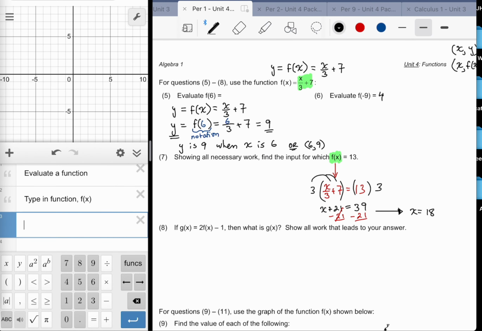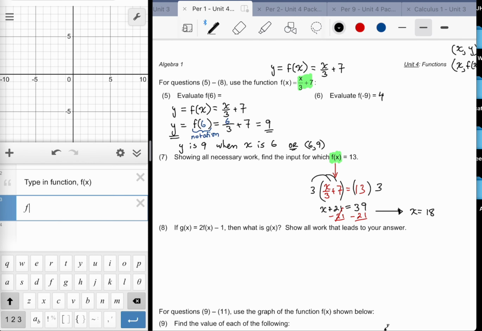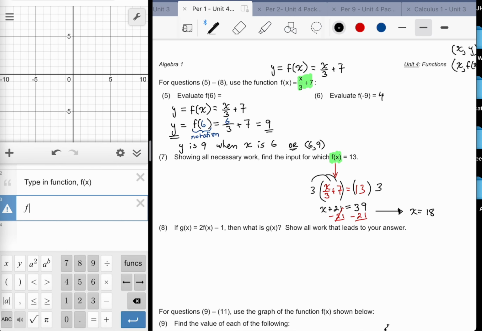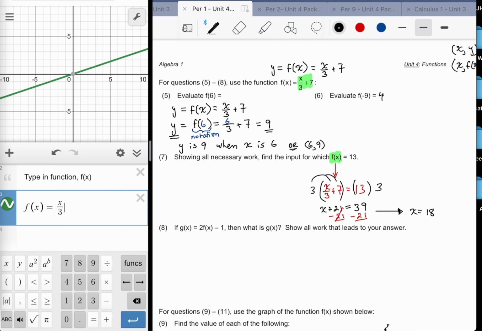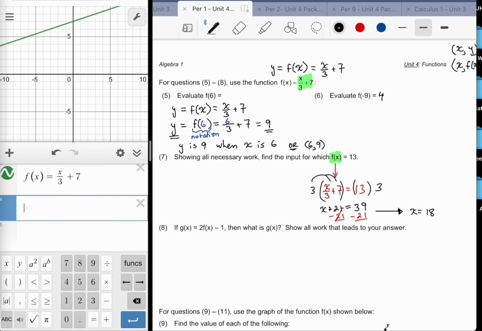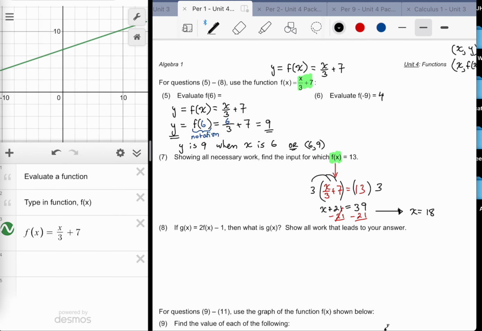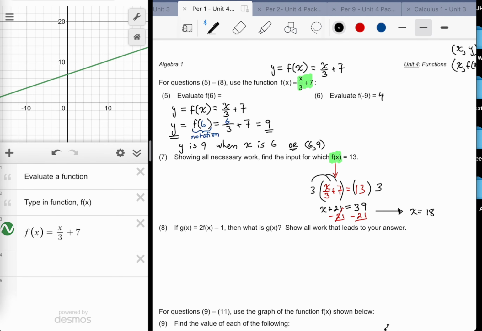Then I'll put in a placeholder function: in this case, f of x is equal to x over 3 plus 7. So I have my function in there, and I could zoom in a little to make it look nicer.